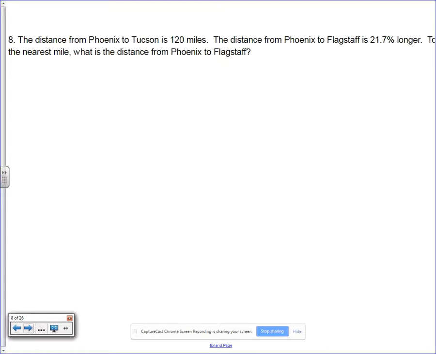All right, last one here. The distance from Phoenix to Tucson is 120 miles. That distance from Phoenix to Flagstaff is this much longer. So I know I got to move my decimal place if I want to use that. To the nearest mile, what is the distance from Phoenix to Flagstaff? Well, this Phoenix to Tucson number, this is my original number.